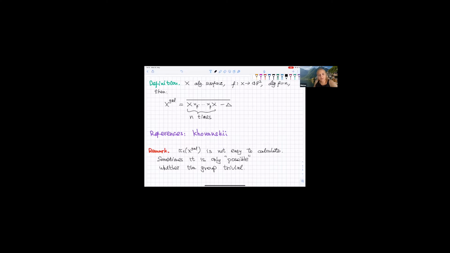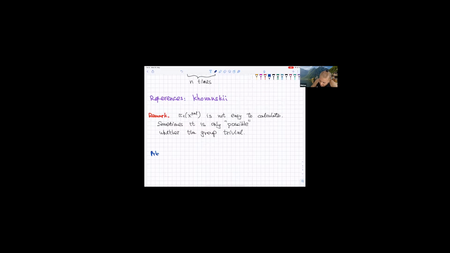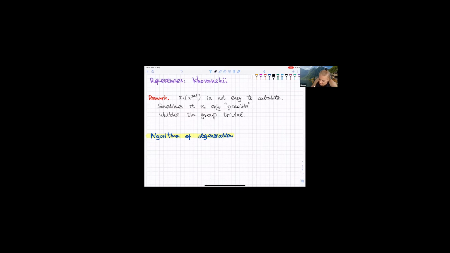Now, I would like to present to you the following algorithm. Algorithm of degeneration. So, first of all, I will draw a picture of a diagram, and then I will explain what we are going to do with this. So we have X, an algebraic surface, this we know.